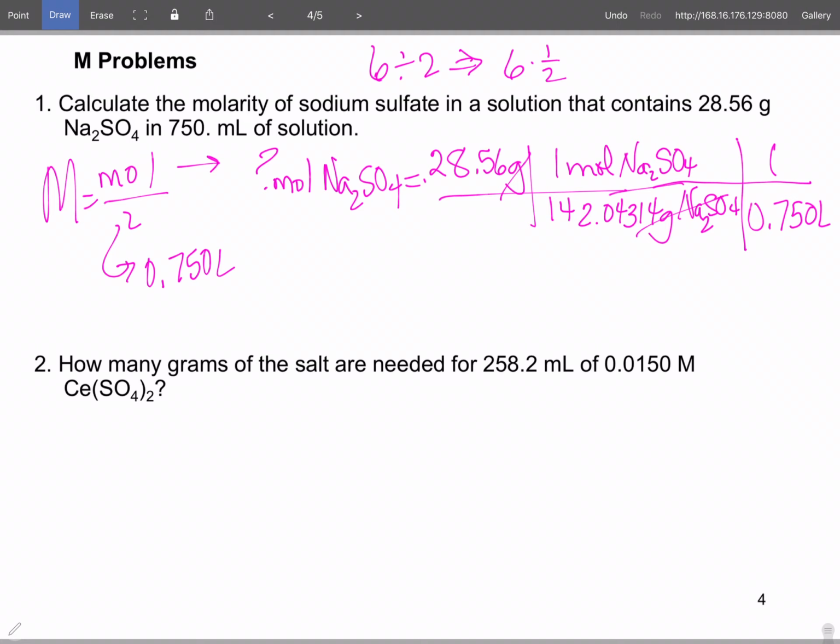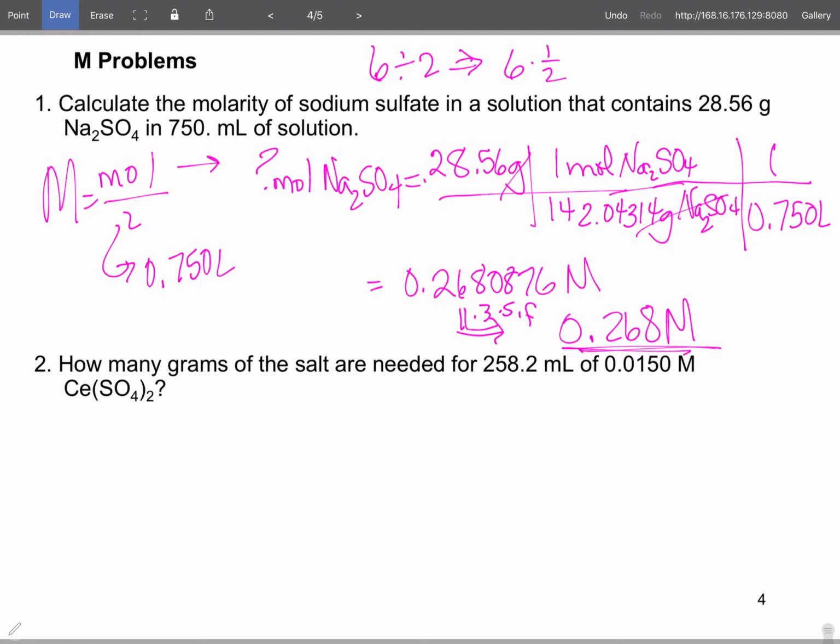You're left with moles per liter, which is the molarity. That's 0.2680876 molar, which if you look at the values, we have 3 significant figures. So you get a value of 0.268 molar is the concentration. Okay?